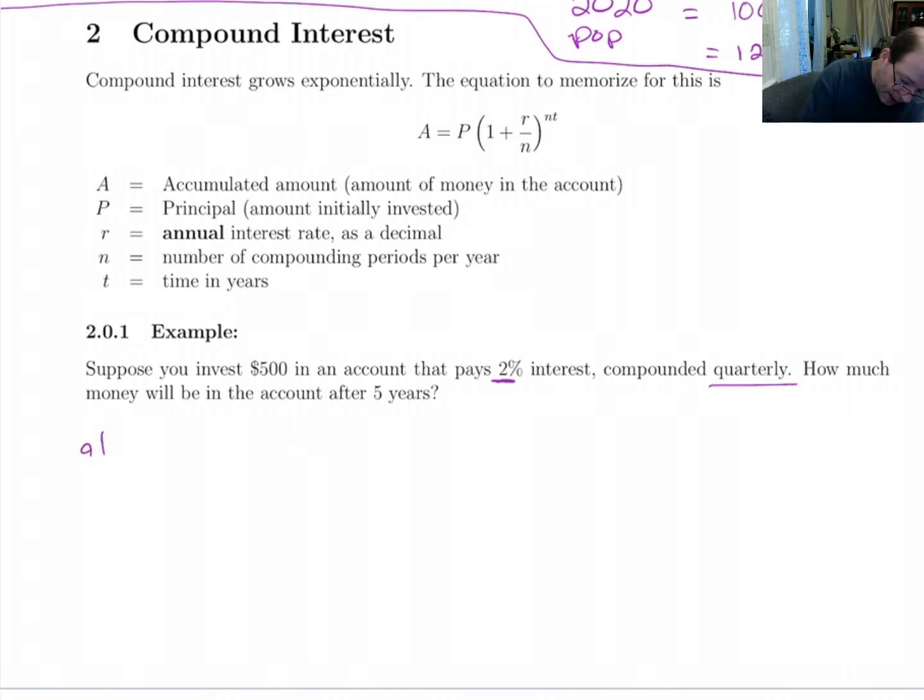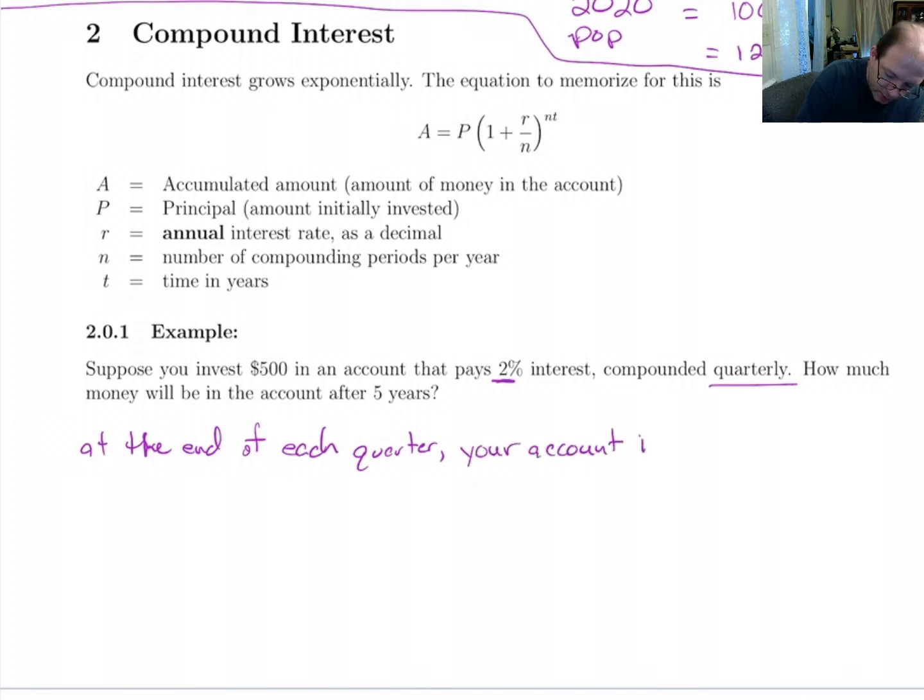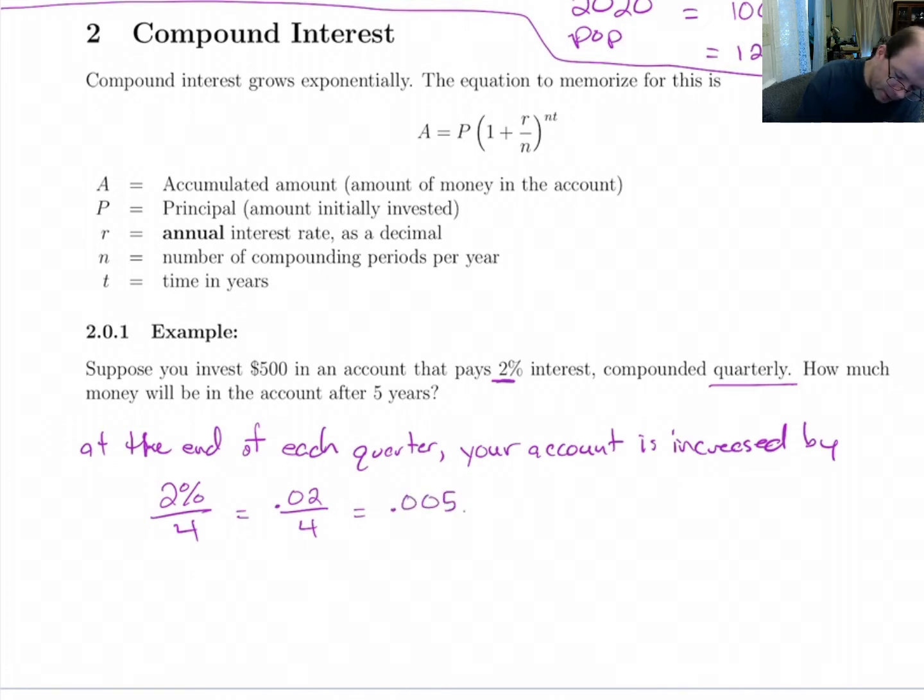So at the end of each quarter, your account is increased by, in this case, 2% divided by 4, which is 0.02 over 4, which is 0.005.